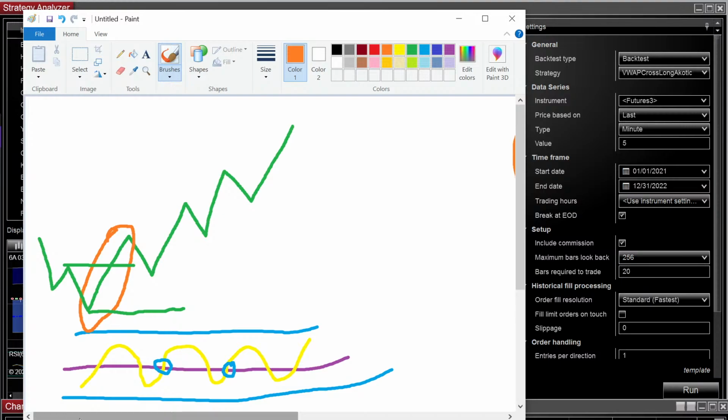But then my question is, in terms of technicality, how do you execute that in NinjaTrader? Because that previous high, how many bars ago? Sometimes it's 5 bars ago, sometimes it's 10 bars ago. You know what I mean? And sometimes.